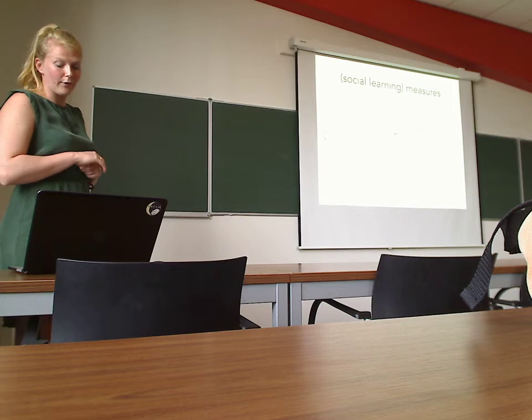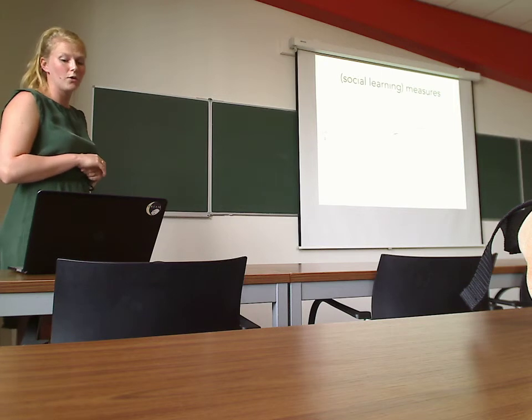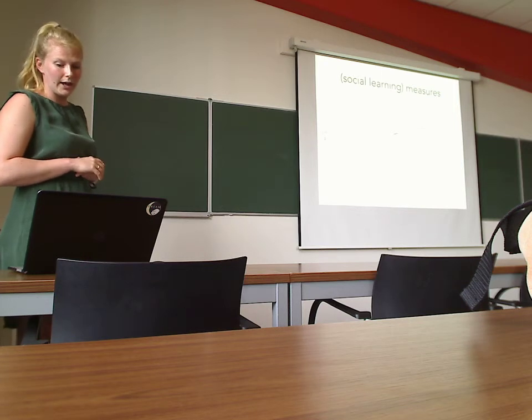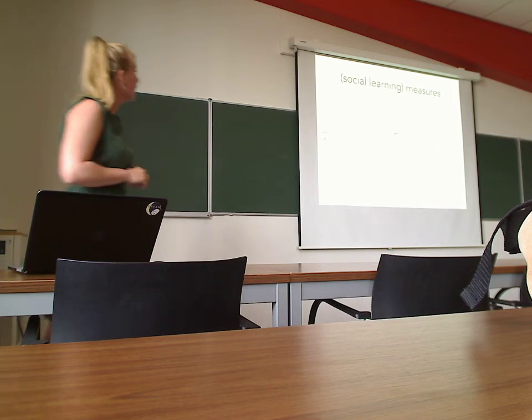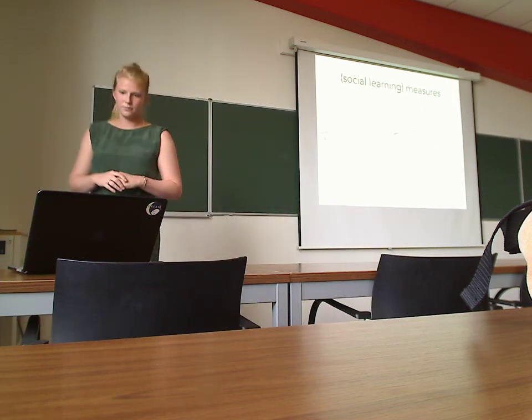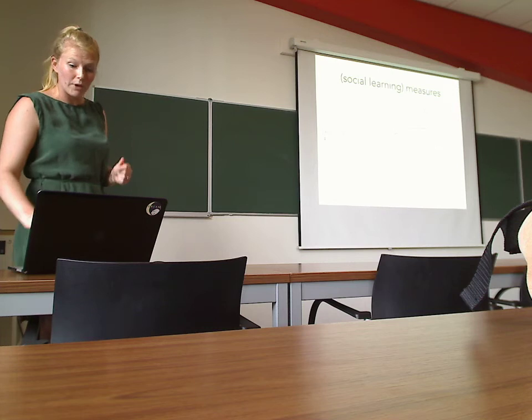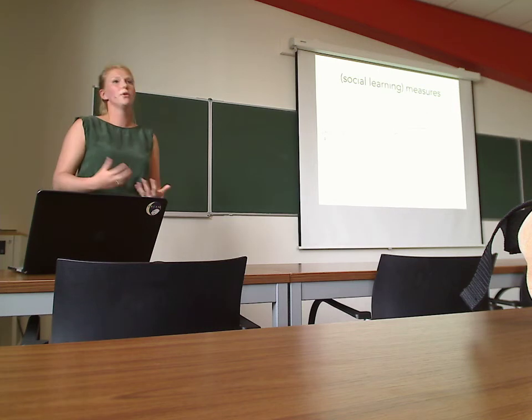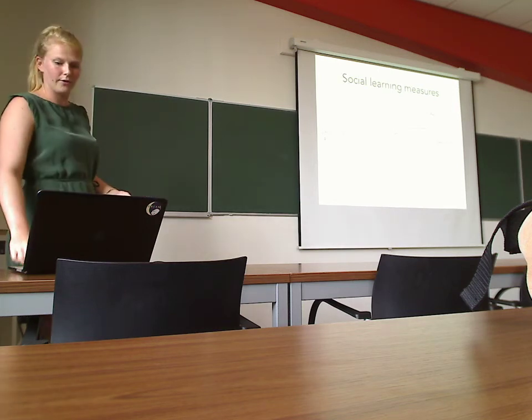So if you have a high learning speed, it means that you converge really soon already. So what do we measure if we have more robots? So performance, I think, kind of logical.